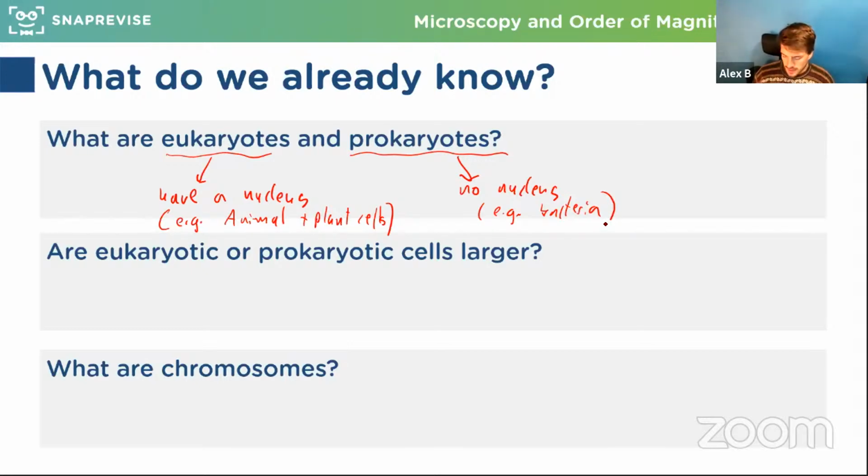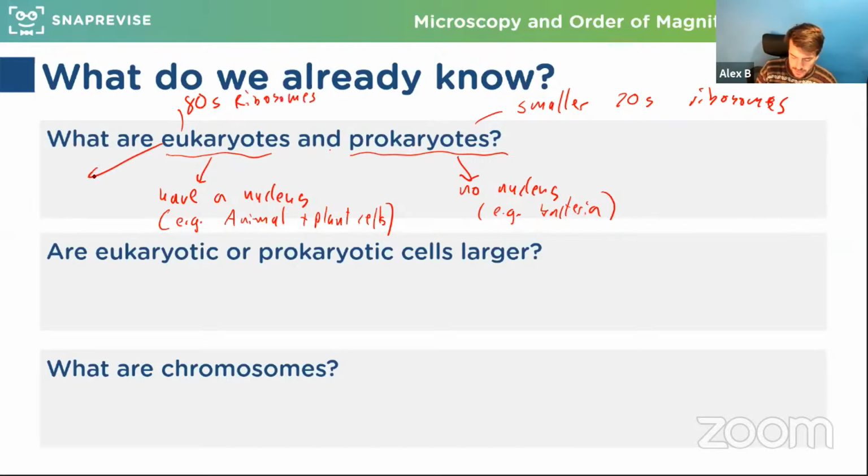Some other differences we could maybe say: smaller ribosomes for prokaryotes, and then eukaryotes have 80S ribosomes, which are larger ribosomes. Eukaryotes have also what we call membrane-bound organelles. That just means they have organelles which are wrapped up in membrane.